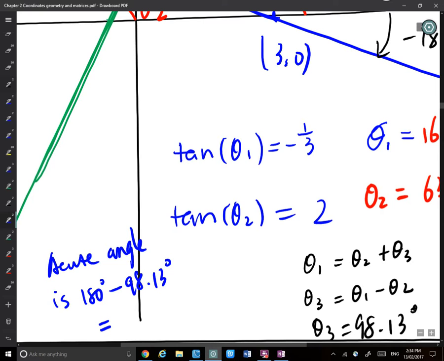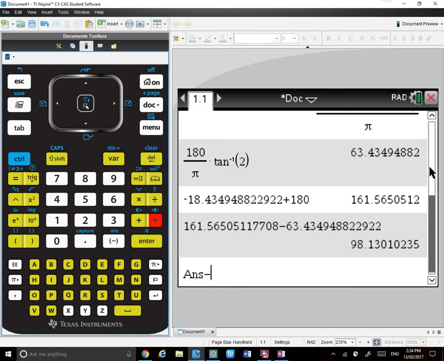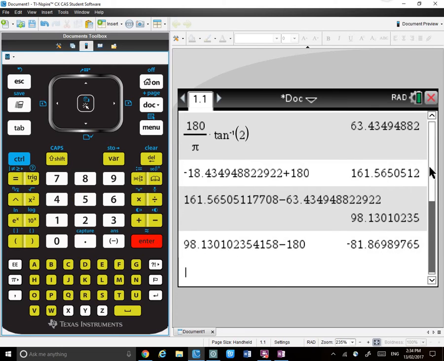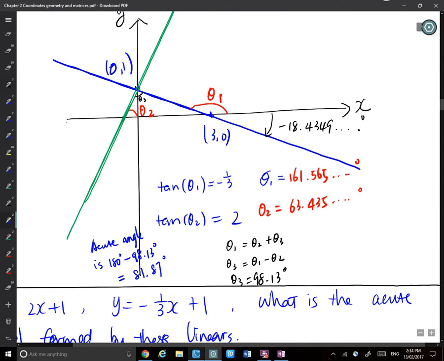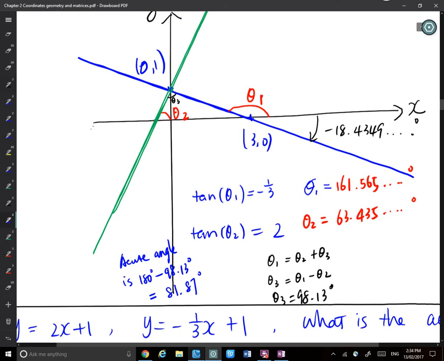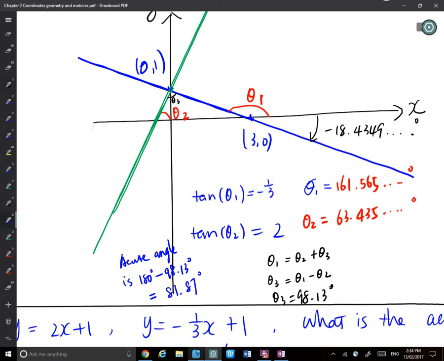Use that to subtract from 180. That is 81.87 degrees. So the acute angle formed by these two lines will be 81.87 degrees.